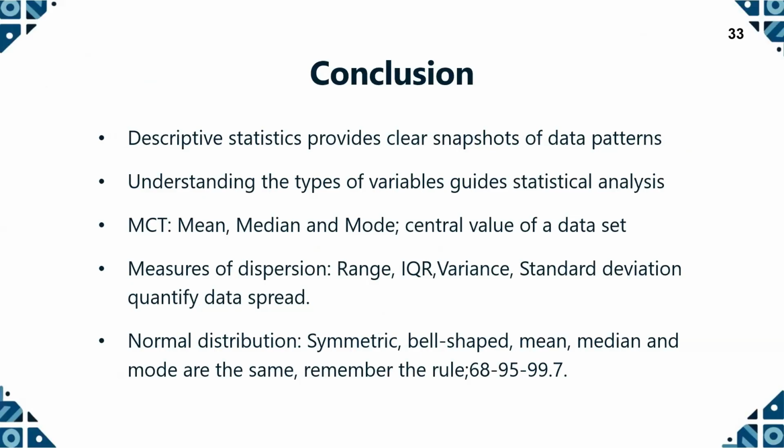Measures of dispersion, range, interquartile range, variance, and standard deviation quantify how spread the data is. And a normal distribution is symmetric, bell-shaped. The mean, median, and mode are the same. And there is the concept of the 68, 95, and 99.7% rule when talking about the normal distribution.